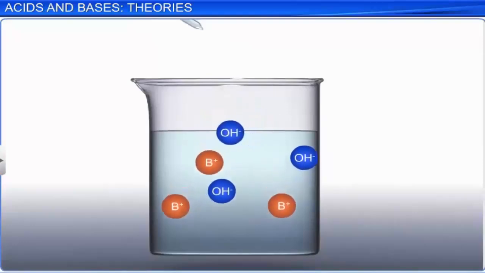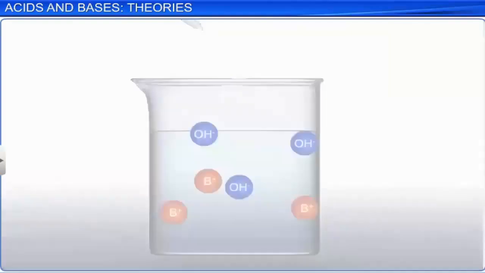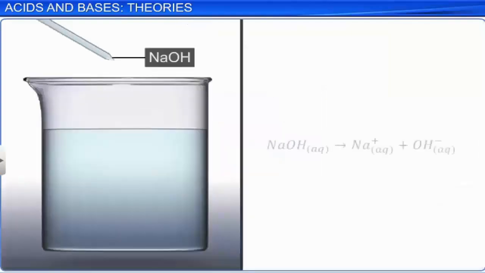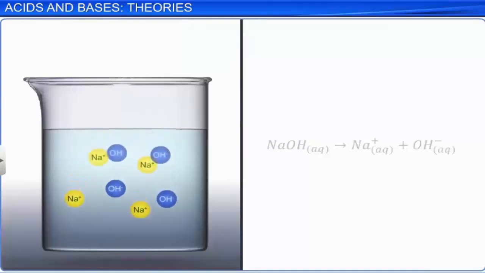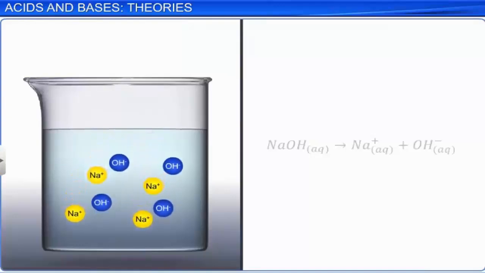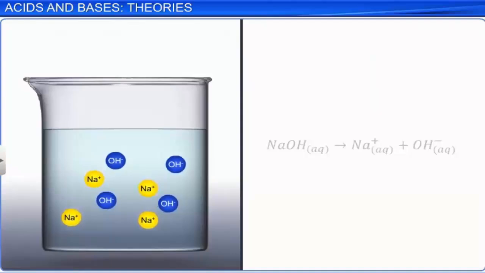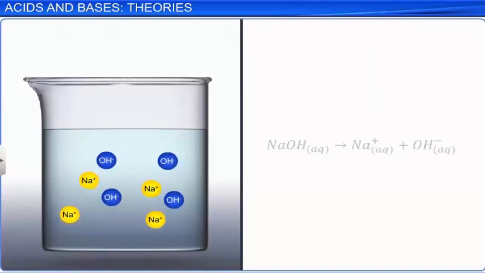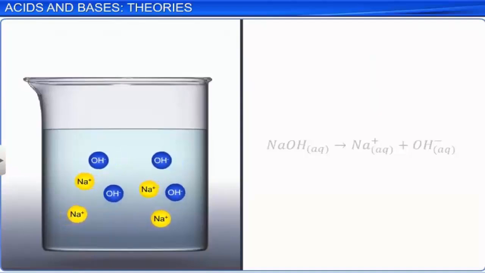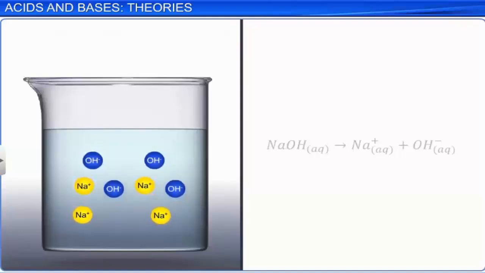For example, NaOH contains a hydroxyl group and ionizes in water to Na+ and OH- ions. The ionization of sodium hydroxide in an aqueous solution may be represented in the form of an equation as shown here.